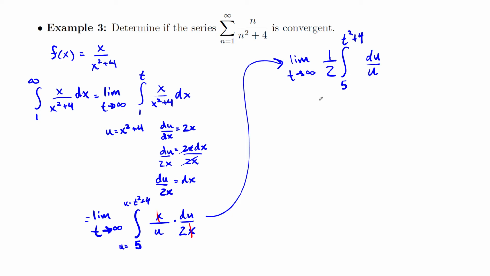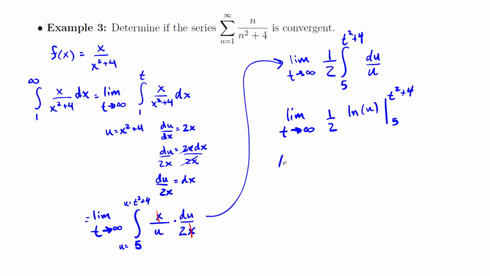The antiderivative of this is the natural log. So this is the limit as t goes to infinity of 1/2, and then it's the natural log of u from 5 up to t squared plus 4.